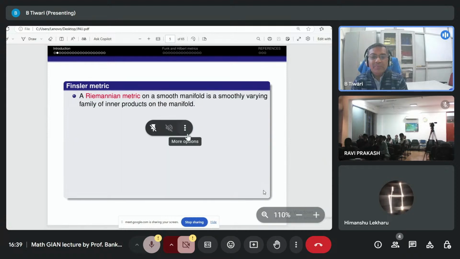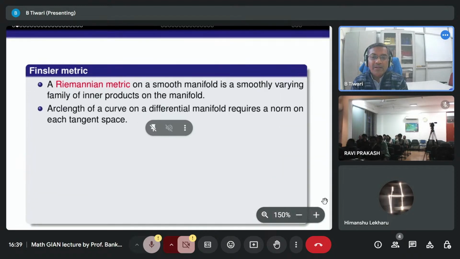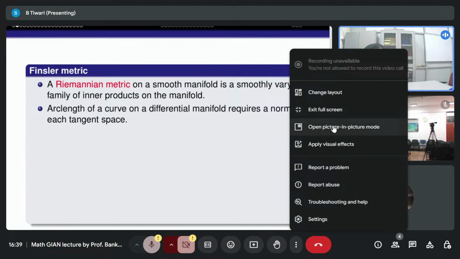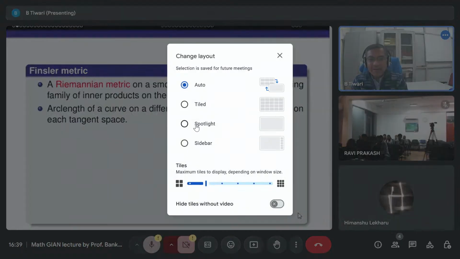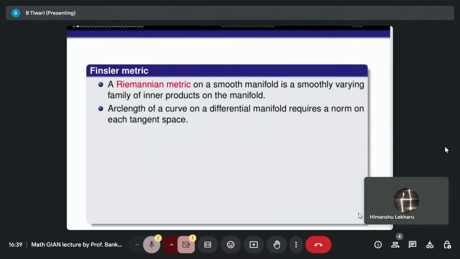As everybody knows, a Riemannian metric on a smooth manifold is a smoothly varying family of inner products on the manifold. Those who are not aware of manifolds, you just assume I'm considering U as an open set, and the whole procedure we can develop on some open set of Rn. Now, if you take any curve on an open set of Rn, the arc length of a curve you can determine by integrating its speed.